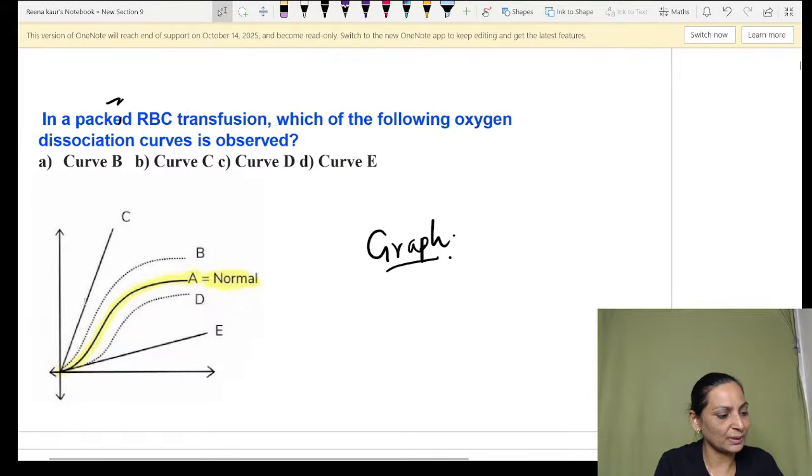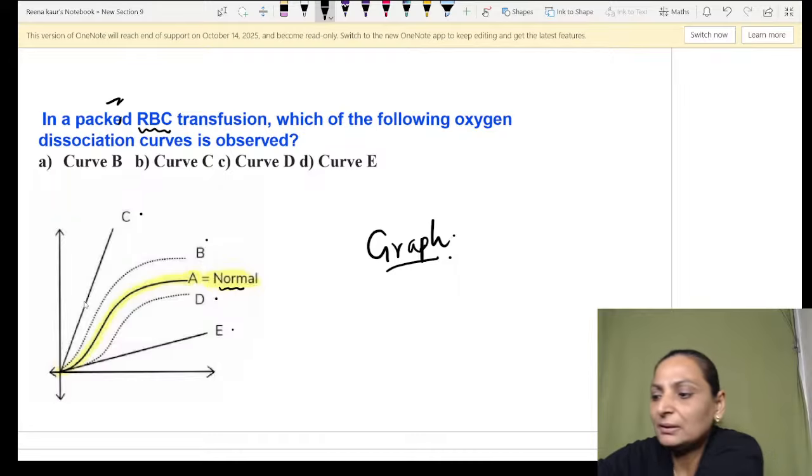Very favorite question. Now, the question says that in packed RBC transfusion, which of the following oxygen dissociation curves will be observed? Curve B, curve C, curve D, or curve E, if A is normal?